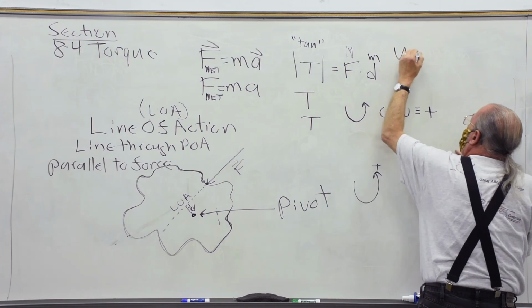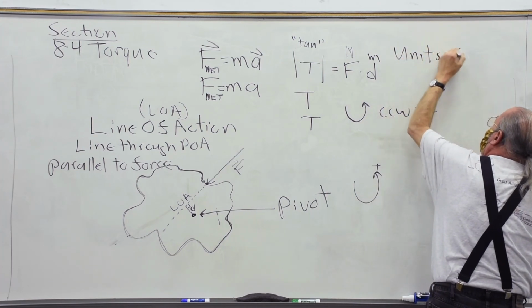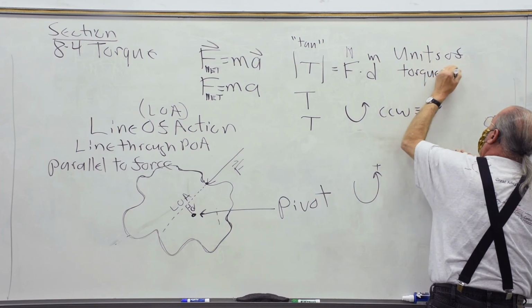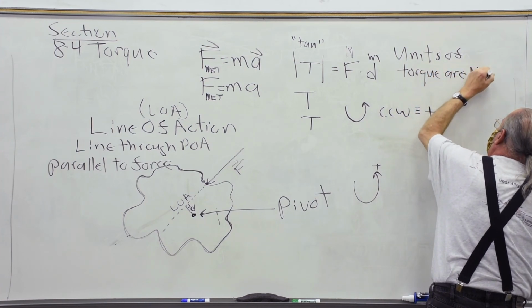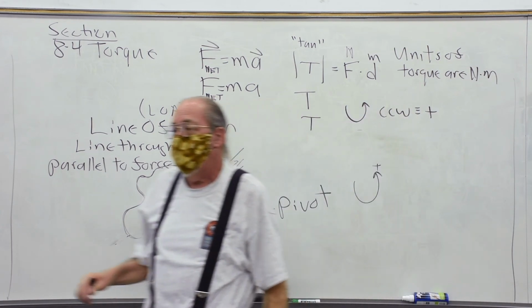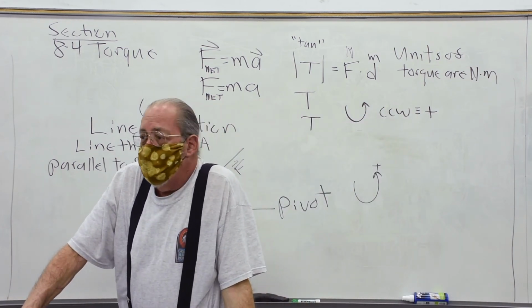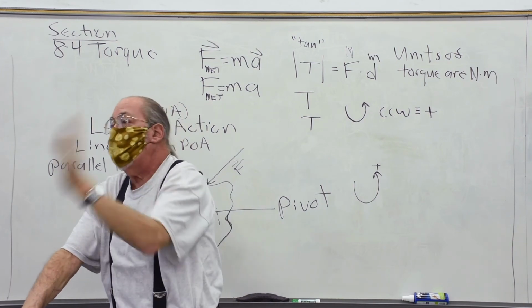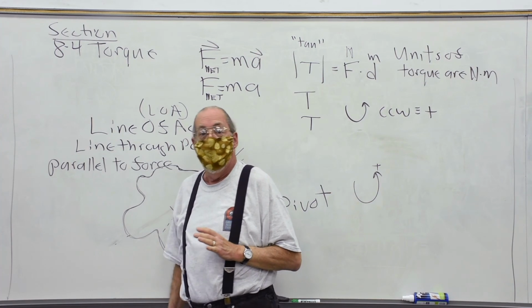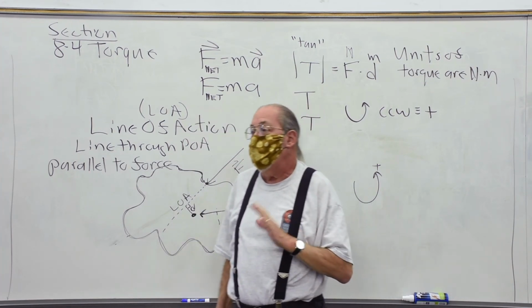So the units of torque are Newton meters. Now, unfortunately, in chapter 6, when we talk about energy, it turns out energy, which is a totally different thing, also has units of Newton meters. The joule is a Newton meter.